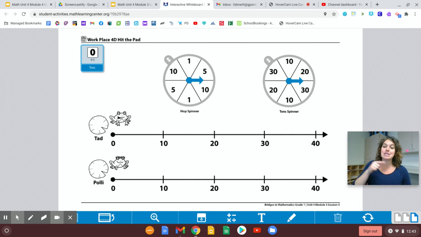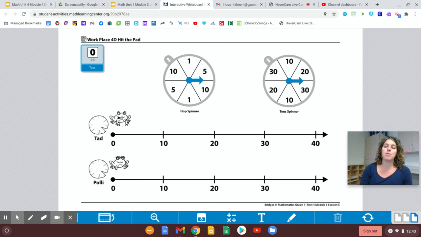So you might spin and go too far. And so then the next spin, you're going to have to come back. But you can also spin and say, nope, I'm going to skip this turn and not use it. So if you think your spin's going to take you way past your magic lily pad, you can say, nope, I'll lose a turn. I'm not going to use that this time.